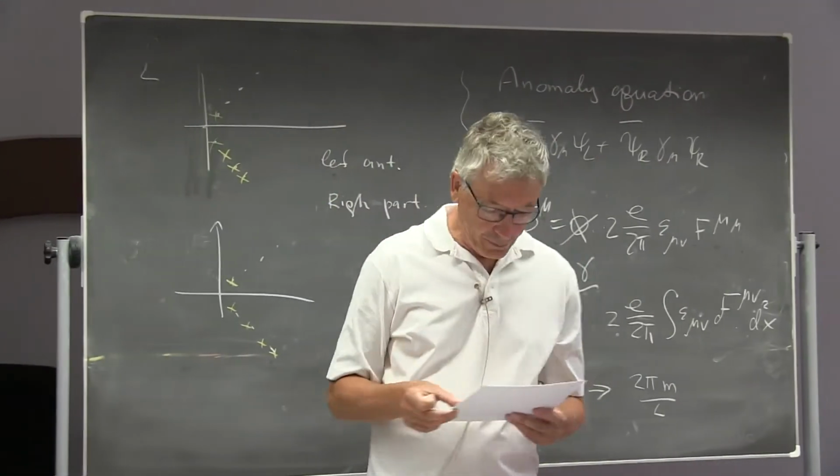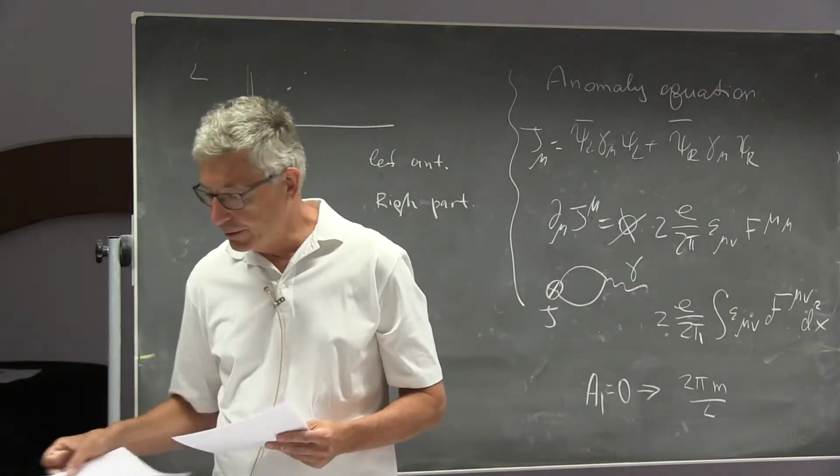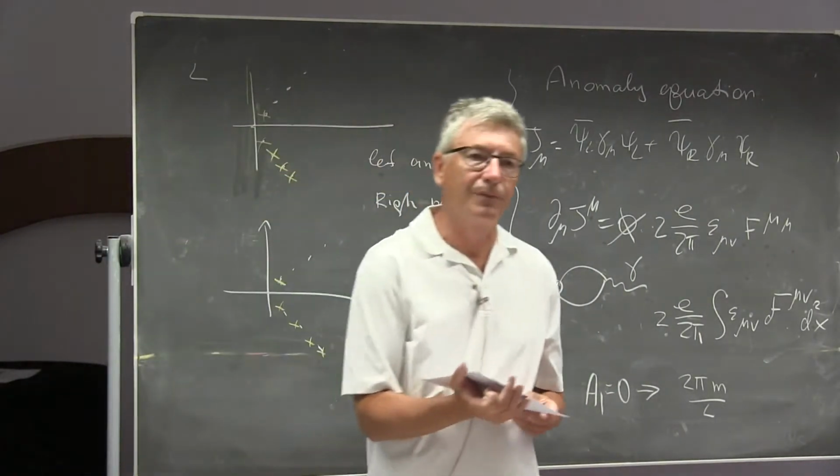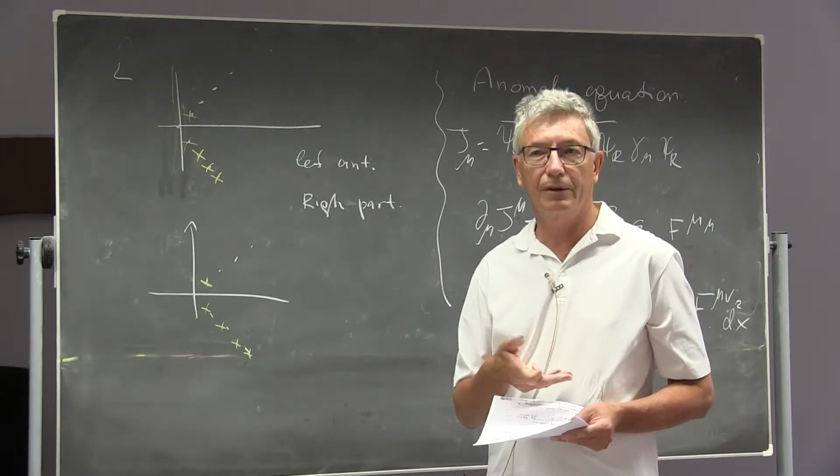So we can say that in this theory visibly there should be fermion number conservation, but in fact the fermion number is not conserved.